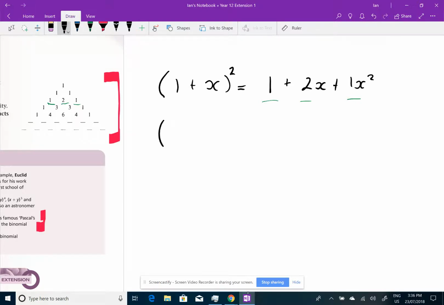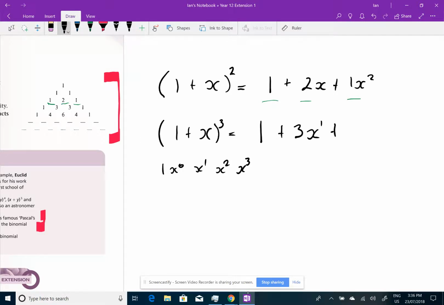If we were to look at (1 plus x) all cubed, and I'm not going to do it, but we would get 1. And then we would get 3x, because we've got to have an x^0, an x^1, an x^2, and an x^3. They're going to be our terms. So we get a 3x^1, there's an x^0 there if you want to have it, but you don't need it.